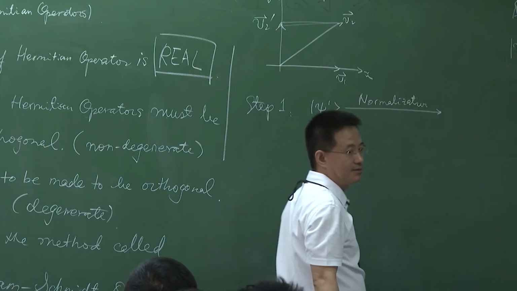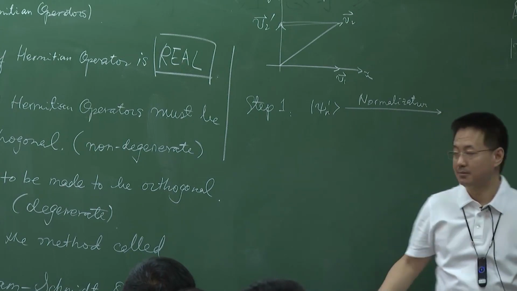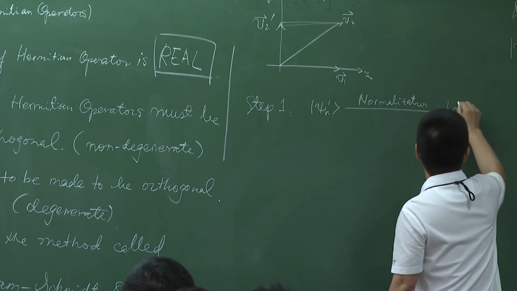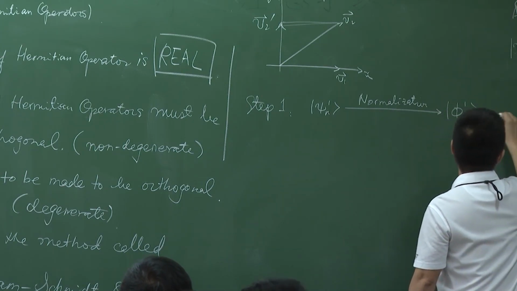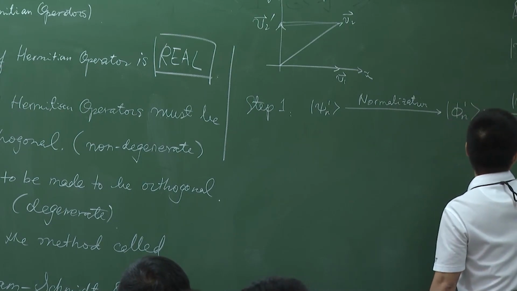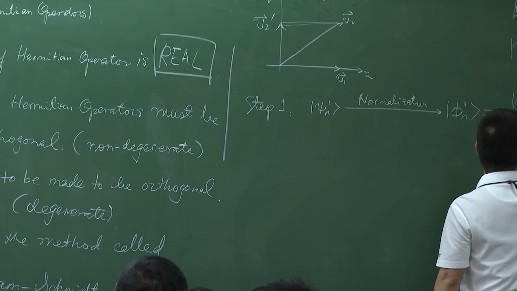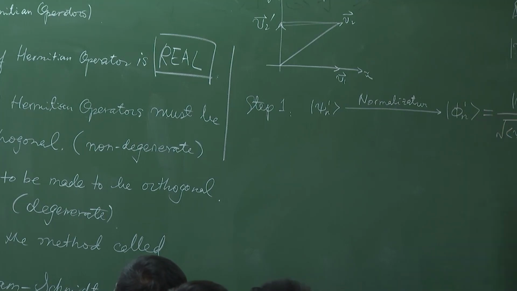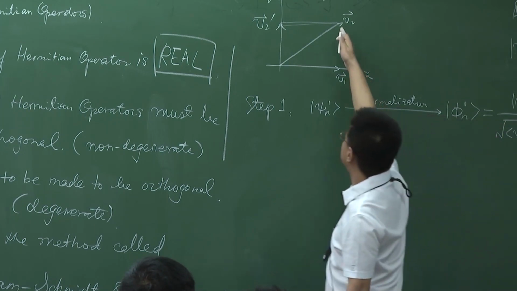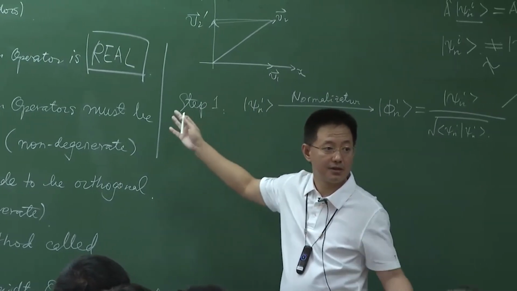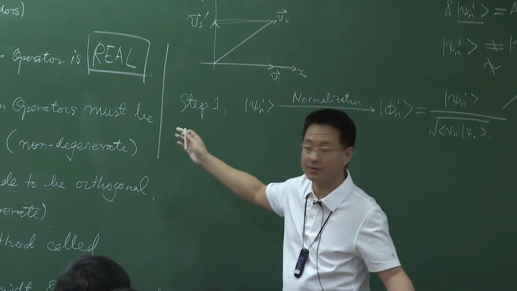The normalization is very simply made by this, right? This is the normalization. It's so simple. Okay, so now this vector can be the basis. It is a normalized basis.